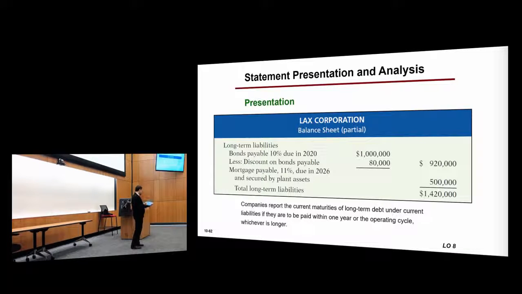Okay? So this is 11% due in 2026 and secured by planned assets. So this is a mortgage, more or less, because it's secured by assets. Okay? As you remember, the long-term liabilities that are due within a year will actually be listed under the current liability section.